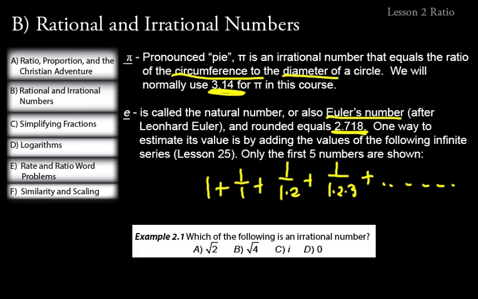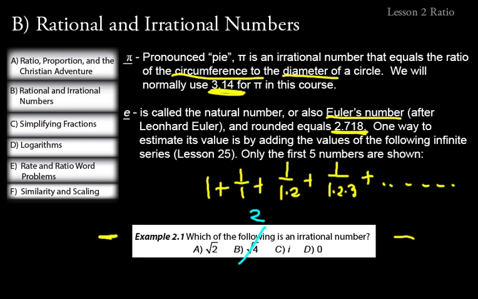So let's take a look at an example now, example 2.1. Be familiar enough with rational and irrational numbers, the differences between them, to answer questions like this. Which of the following is an irrational number? Which of the following would have a non-repeating pattern of decimals? Well, just looking at that, we have square root of 2, square root of 4. Well, square root of 4 is 2, right?